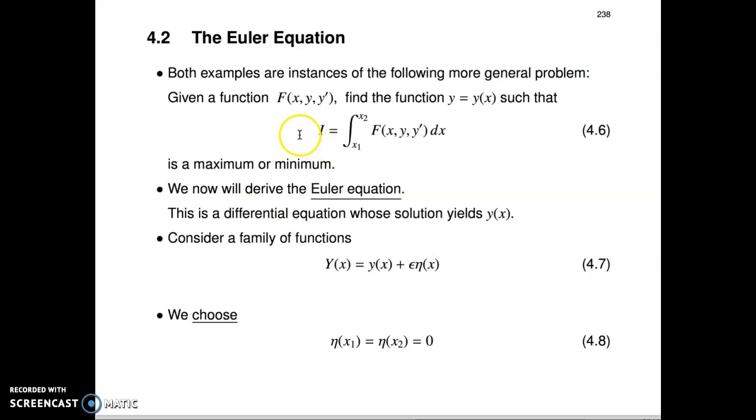Both of the problems that I've just introduced, the geodesic problem and the brachistochrone problem, are of this form. So we're going to derive a general result, and then we're going to answer both of those questions.